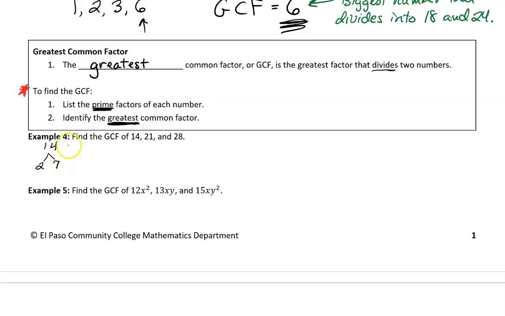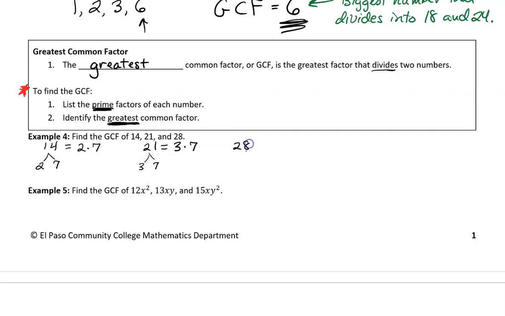So the prime factorization of 14 is simply 2 times 7. We'll do the same thing for 21. Let's see, 21 is 3 times 7. Again, 3 is prime, can't go further there. 7 is prime. So my prime factorization in this case is 3 times 7.